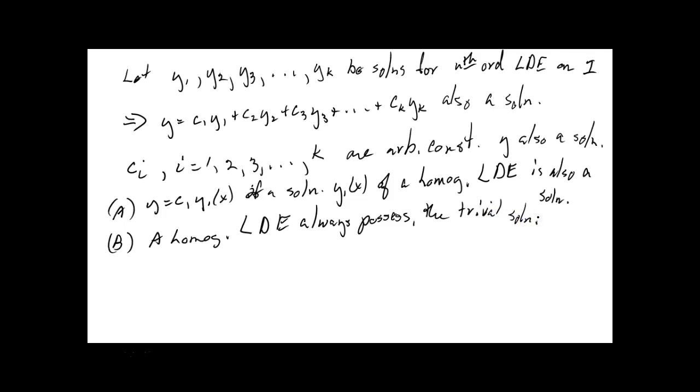I was going to say this before, but I held off: if Y1 is a solution, then C1 Y1 is also a solution. What if that C1 is equal to 0? Then that produces the trivial solution. So the homogeneous linear differential equation always possesses the trivial solution as one of its infinite number of solutions.